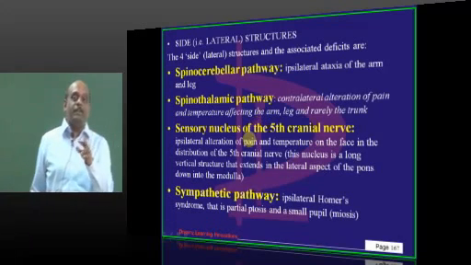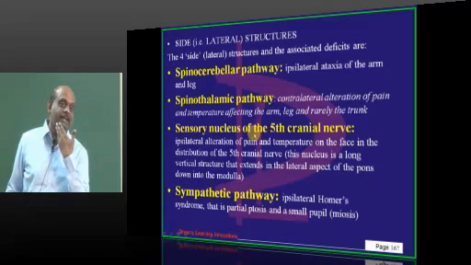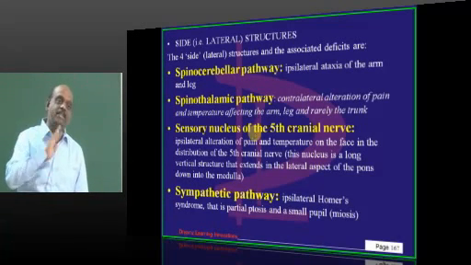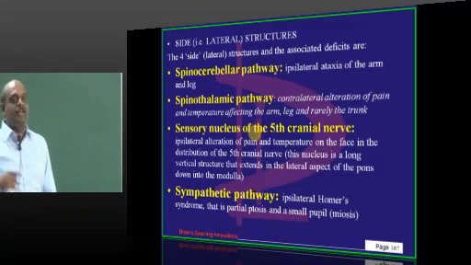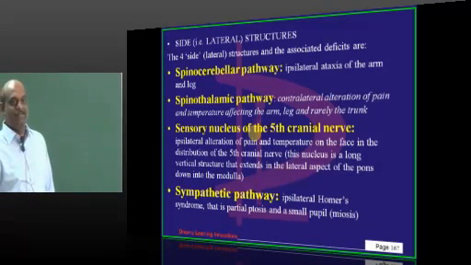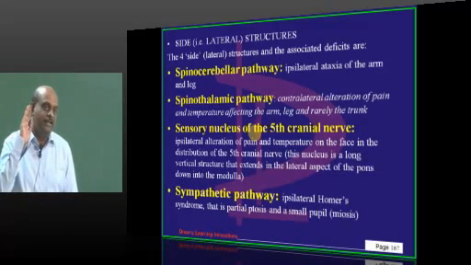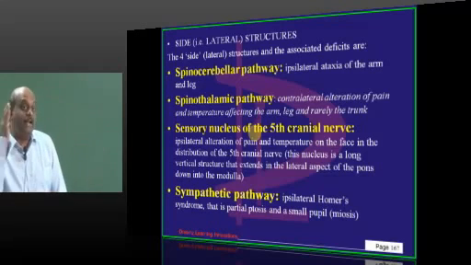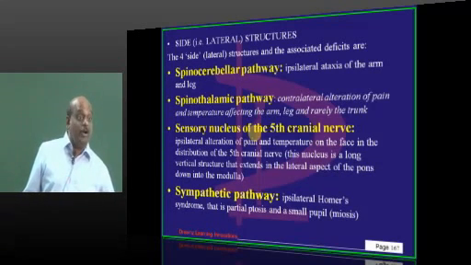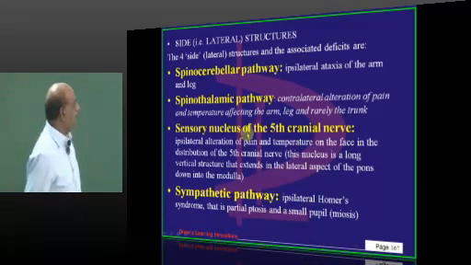But what is the difference between the pain and temperature of the body versus pain and temperature of the cheek? It is not decussating. राइट साइड वाला चीक का पेन टेम्परेचर राइट साइड वाला सेंसरी न्यूक्लियस से ऊपर जाएगा. So lateral medulla affected means pain and temperature of the ipsilateral side of the face is affected, but the contralateral side of the body is affected. That's what you need to appreciate.